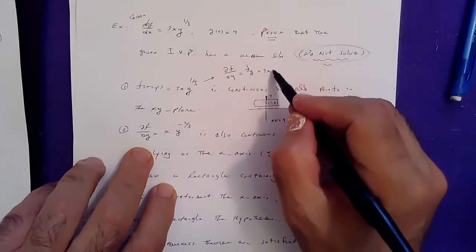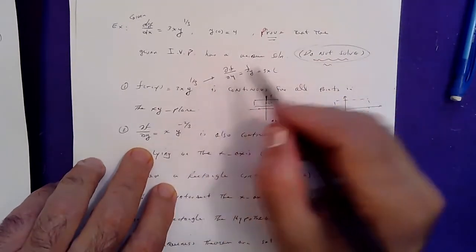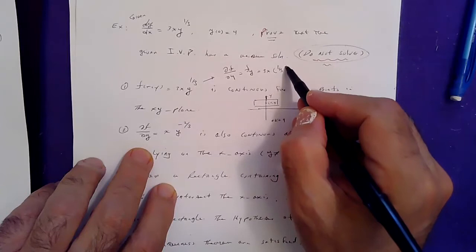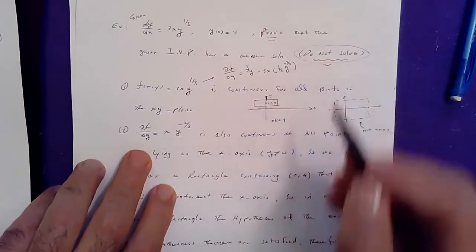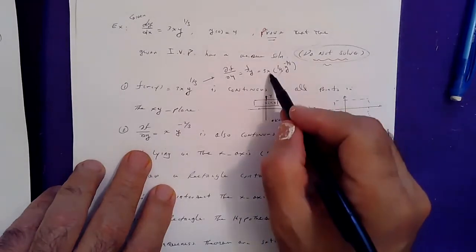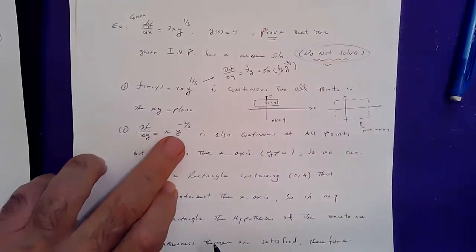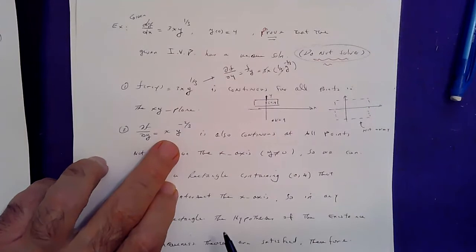So all you have to do is take the derivative of y to the power of 1/3, which is 1/3 times y to the power of -2/3. The 3's cancel. So you get x times y to the power of -2/3.